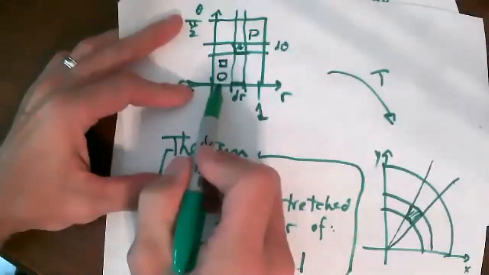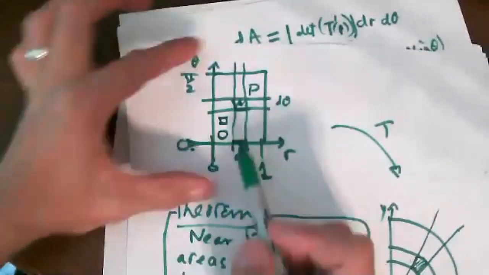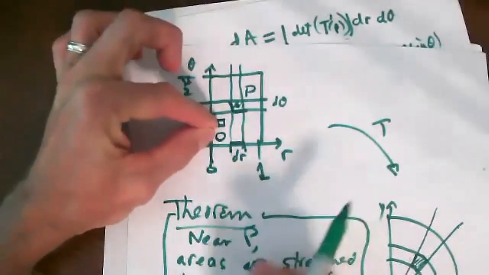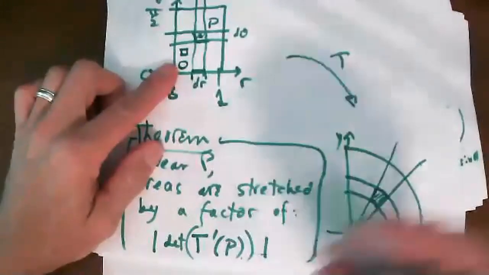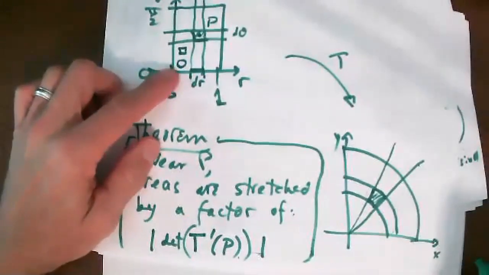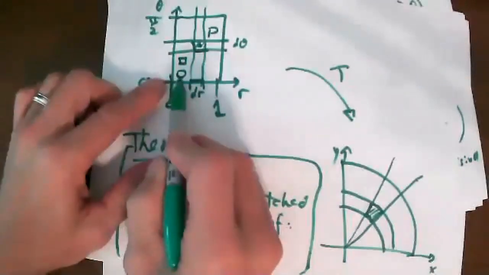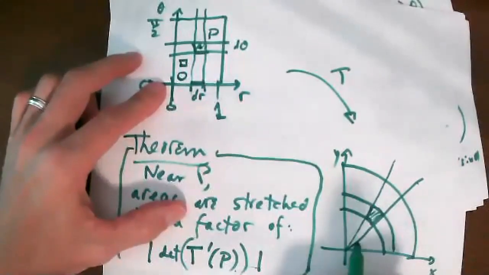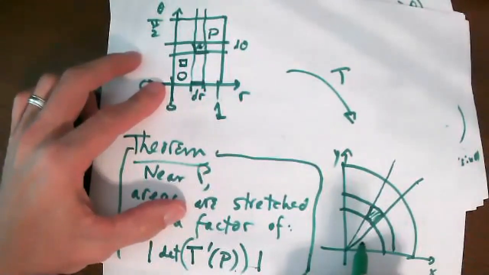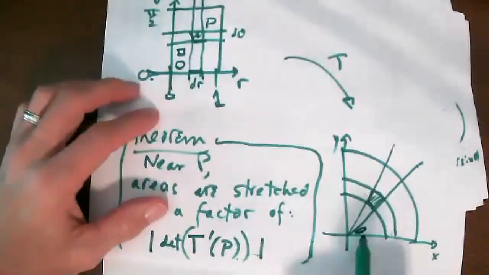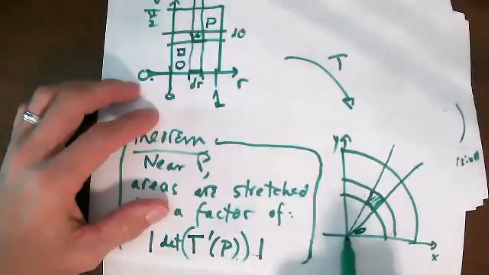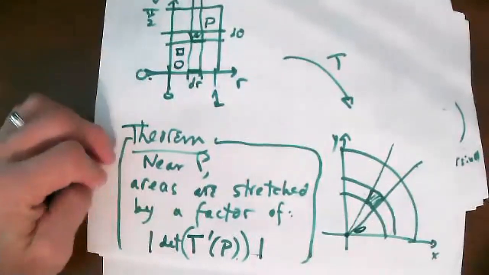And sure enough, if you do what I did with the blinds and you just squeeze all of this, or trace through using the r cosine of theta, r sine of theta formula, you'll see that this circle gets changed into some sort of a squished circle. It's not quite an ellipse, but it'll be very close to the origin in this picture.